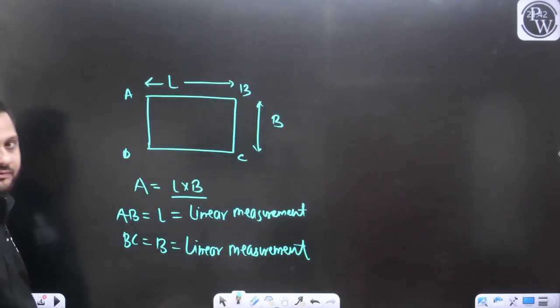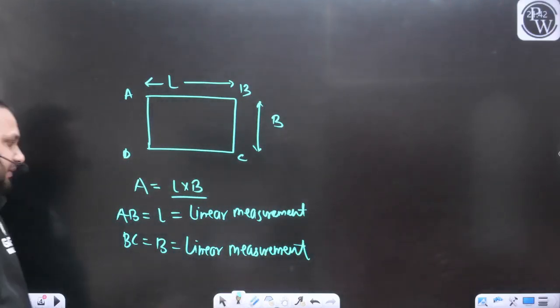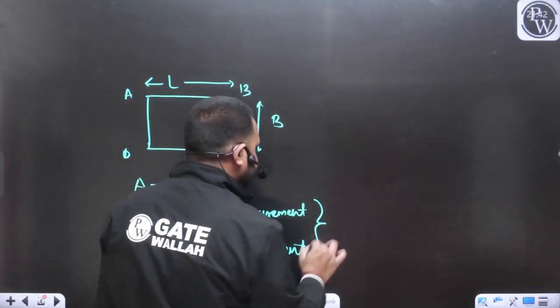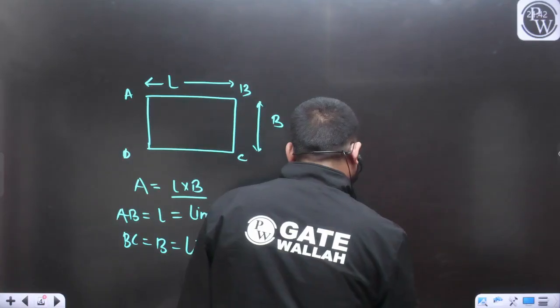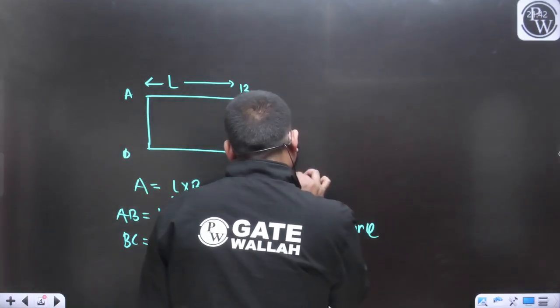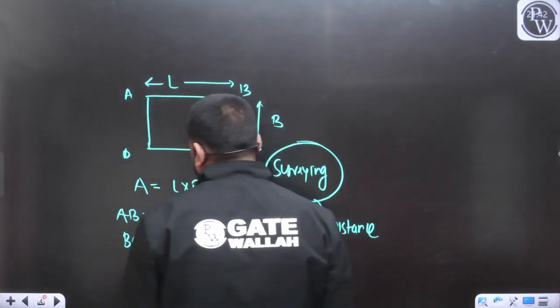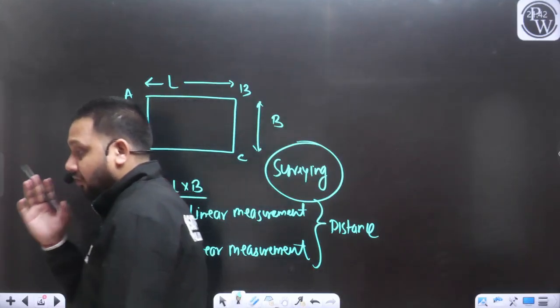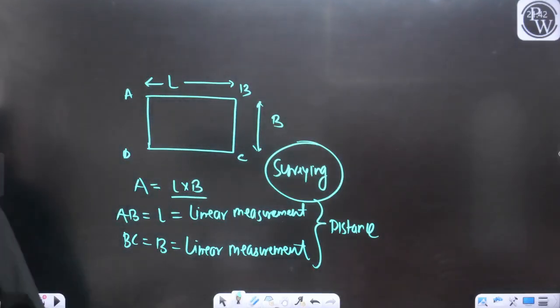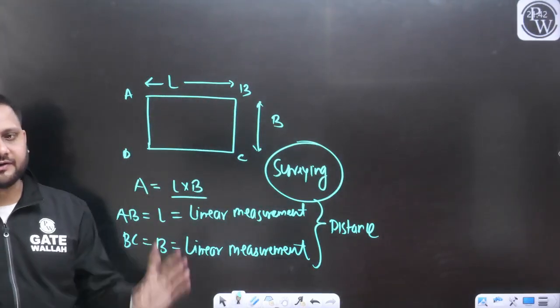Yes or no? And for these linear measurements, the measurements related to distances, you should have a basic understanding of surveying, and that we have already developed. Now we know how we can measure the distance between 2 points.